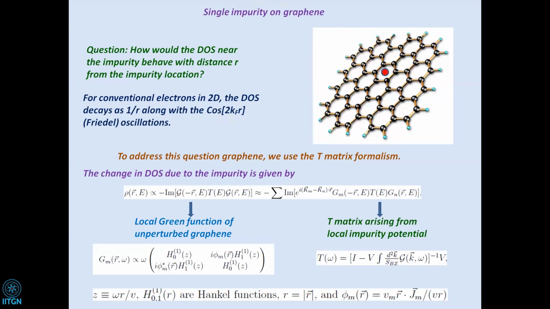So it's a 2k distance. However, this oscillation also decays as you go away from the impurity, and in 2 dimensions, this decay is typically 1 over r. Okay. So Friedel oscillation in 2 dimensions tells you that the density of states as you go away from the impurity center should go as 1 over r times cosine of 2kF r.